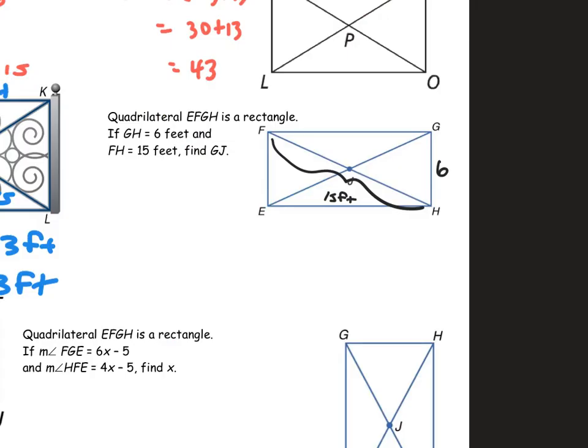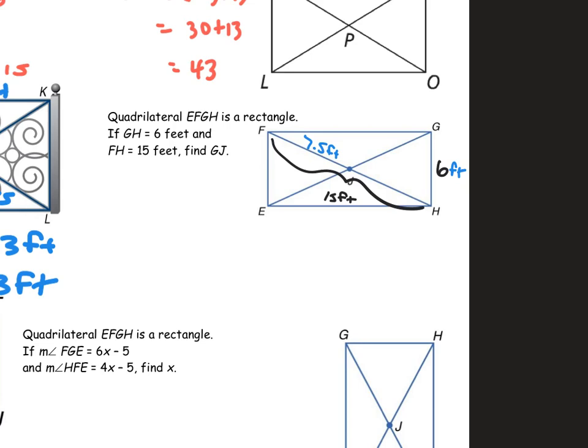So I went ahead on the next example and labeled the given information. So I know that GH is 6 feet, it's labeled, and F to H is 15 feet. It is a rectangle, so if it's a rectangle, I know it's a parallelogram. So I know that the distance from F to J is half of 15 feet, which is 7.5 feet.